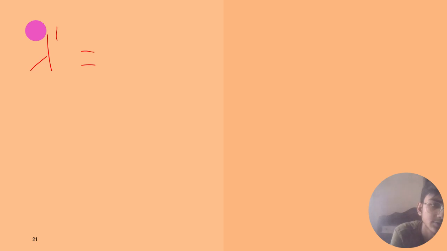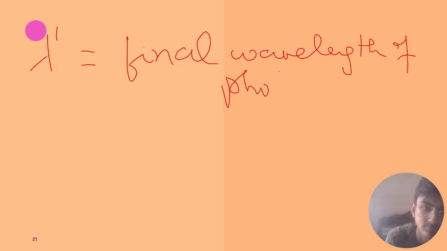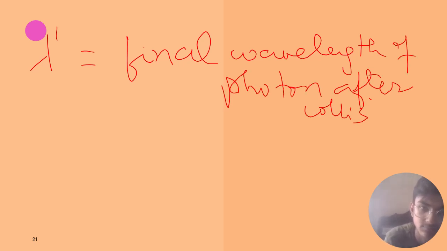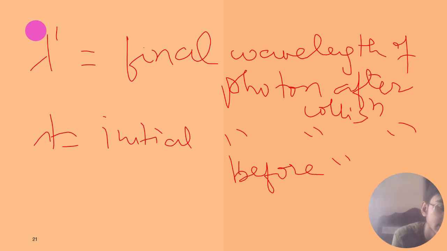So lambda dash is your final wavelength of photon after collision. Lambda is the initial wavelength of photon before collision. Then we have what?